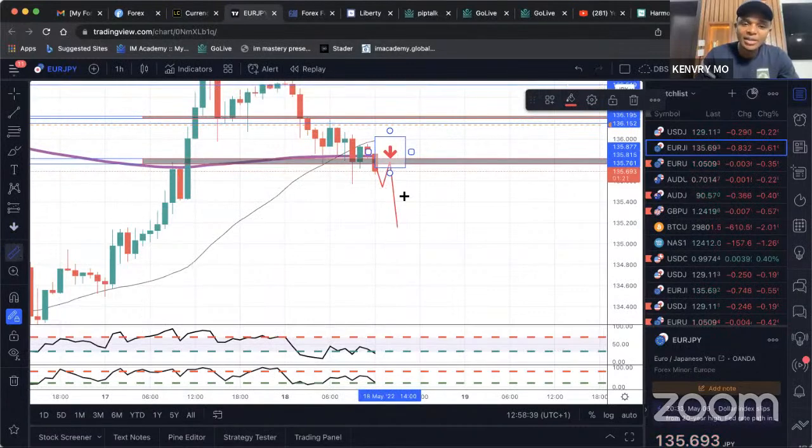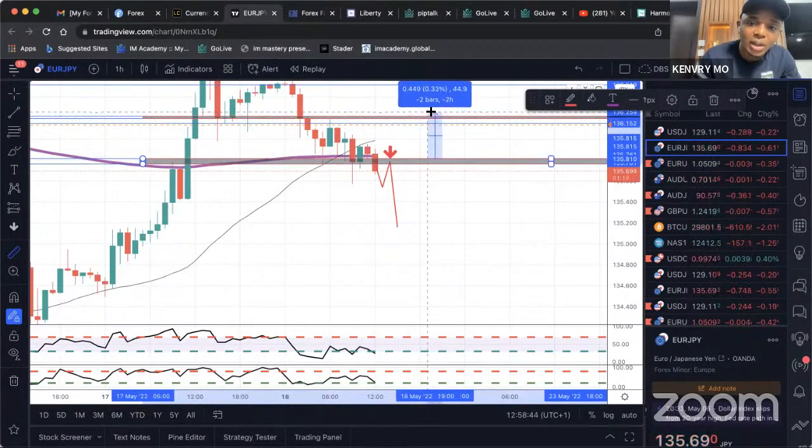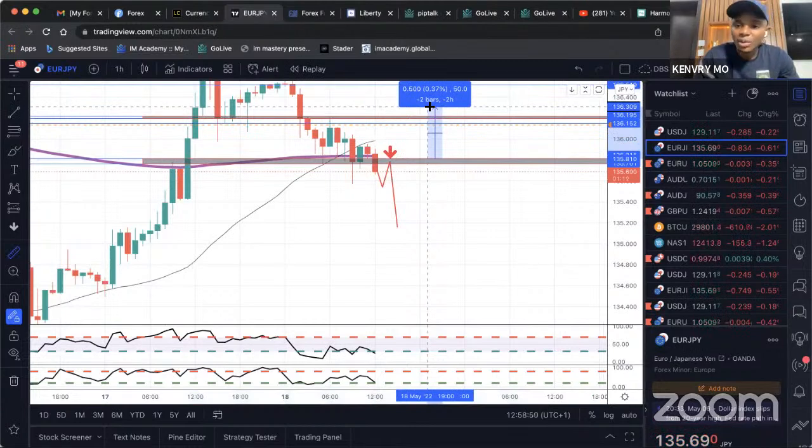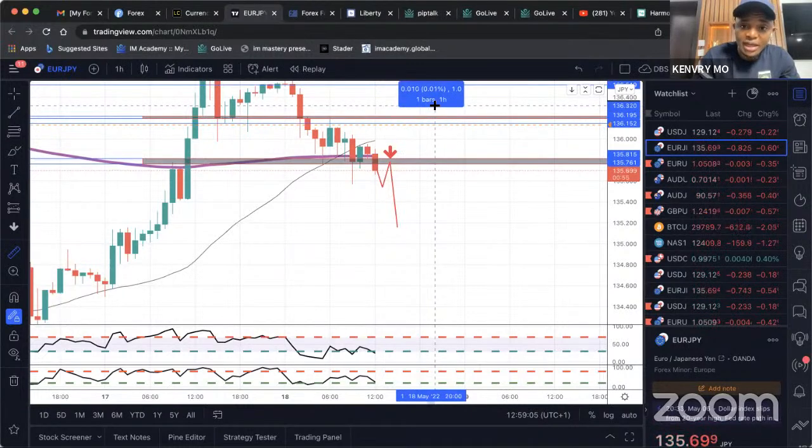If I'm taking this trade, what would be my stop loss? A little above this would be like 50 pips. All right, so good. What I'm going to do right now is, I need someone to just type 136309 on the chart as stop loss.